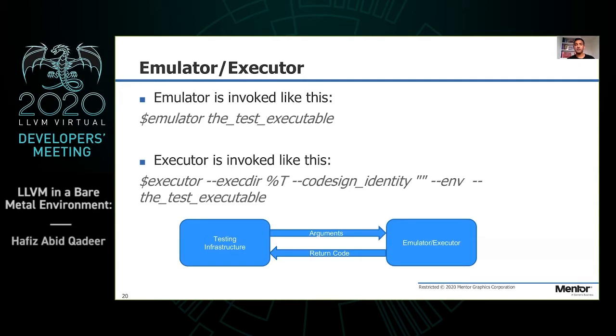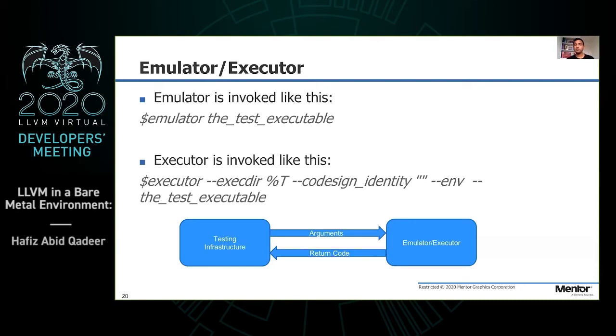And then if I run OpenOCD on my host system, it was able to connect to the board using the built-in JTAG. And that OpenOCD provided a GDB server-like interface that my debugger can connect to. Then I can connect my debugger and load the memory with the bits from the executable, and then start the execution. So the implementation of this emulator or executor will depend on your target.